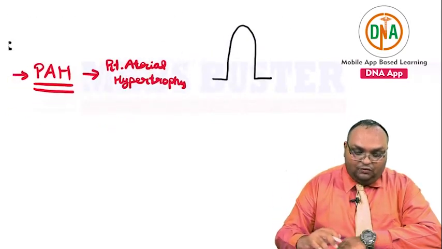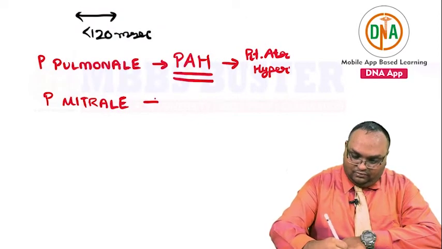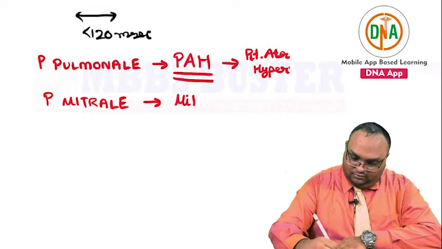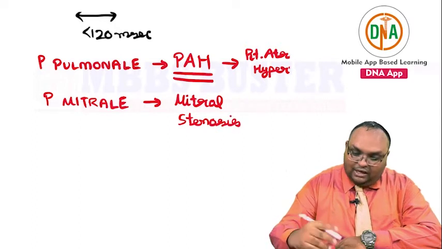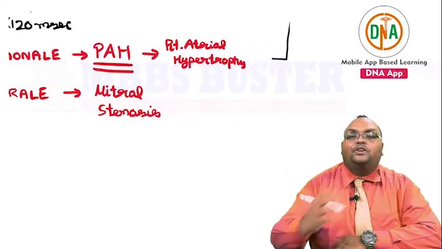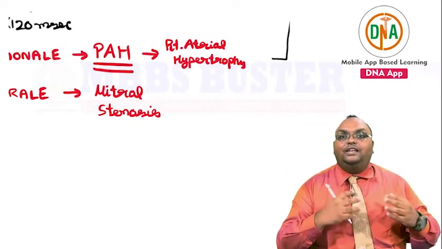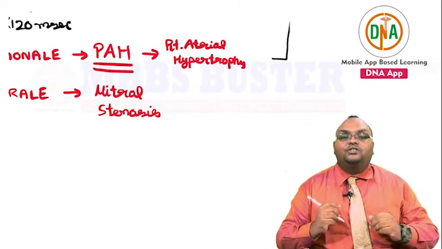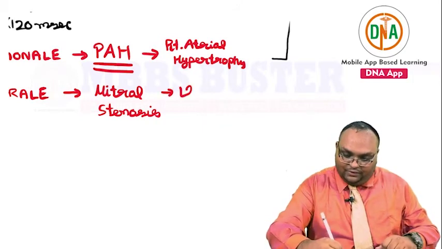But suppose we have a patient of mitral stenosis. In this patient, the blood is not able to flow freely from the left atrium to the left ventricle, as a result of which there will be left atrial hypertrophy and dilatation.